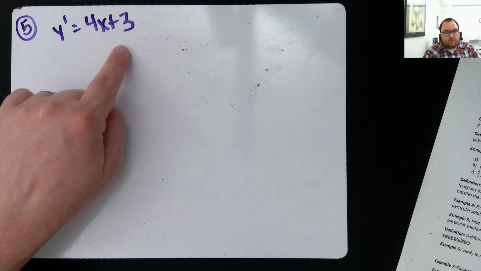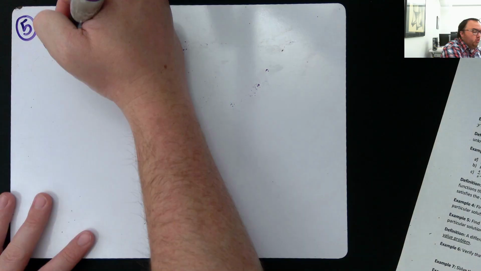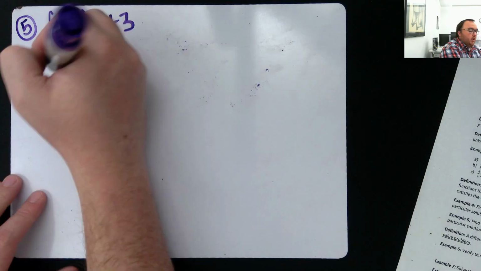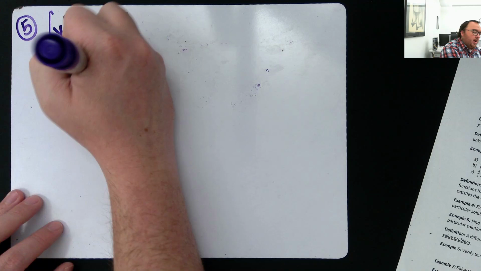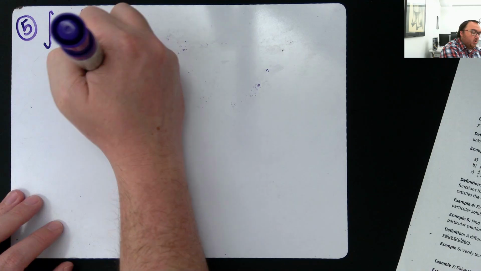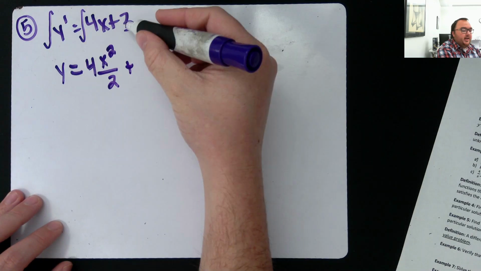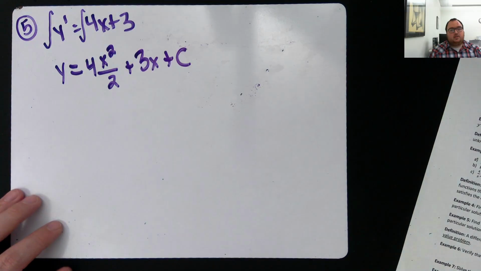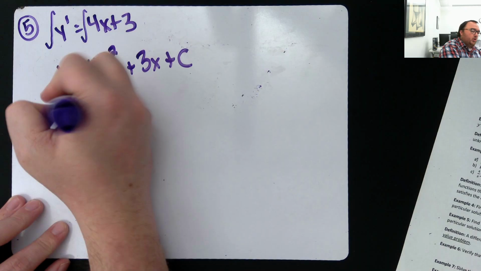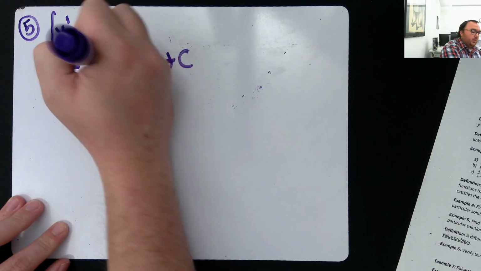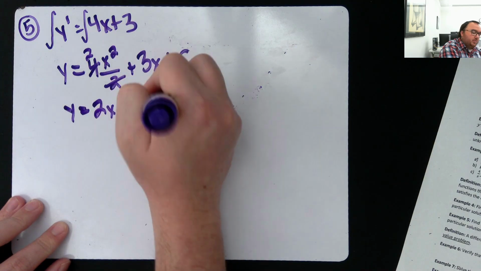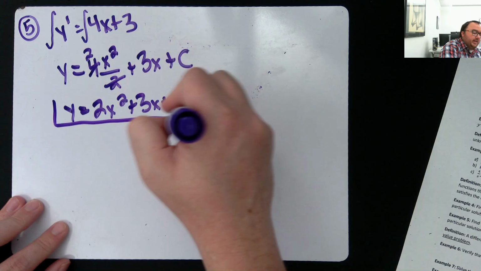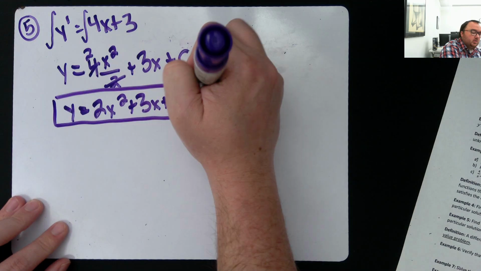So just take the antiderivative. That gives me y over here equals, add 1 to the power, makes it x squared over 2. With 3, it just becomes 3x plus the constant. 2's cancel out, so you end up with y, which would give me 2 left over. 2x squared plus 3x plus c. This is the general solution.